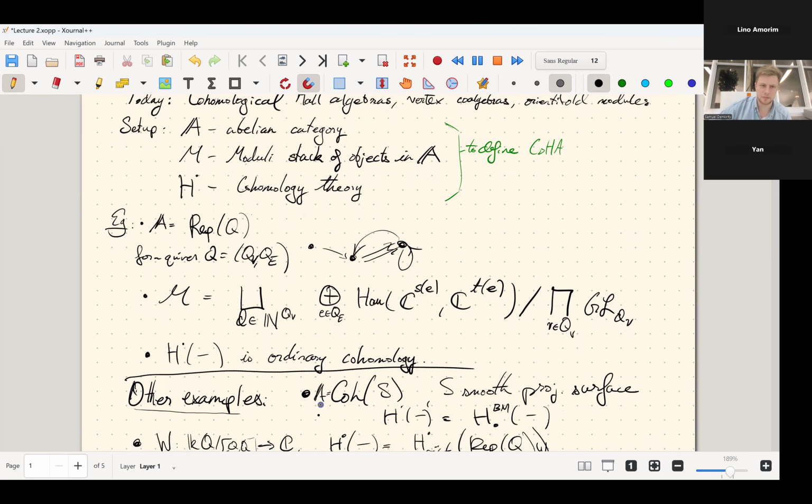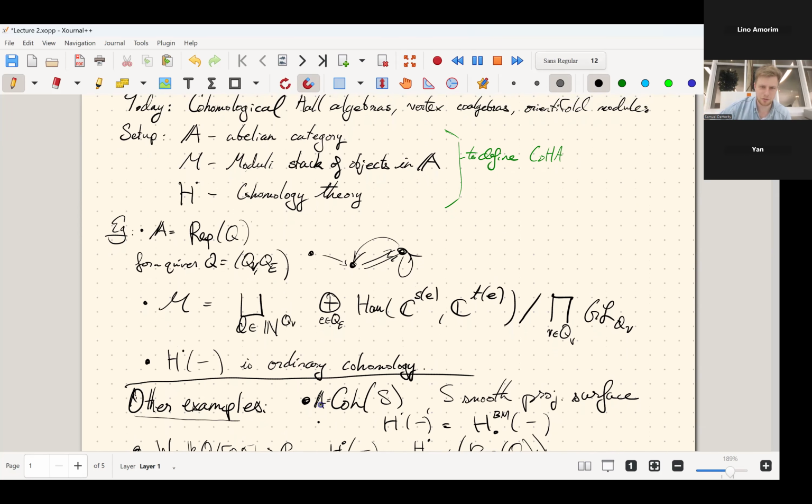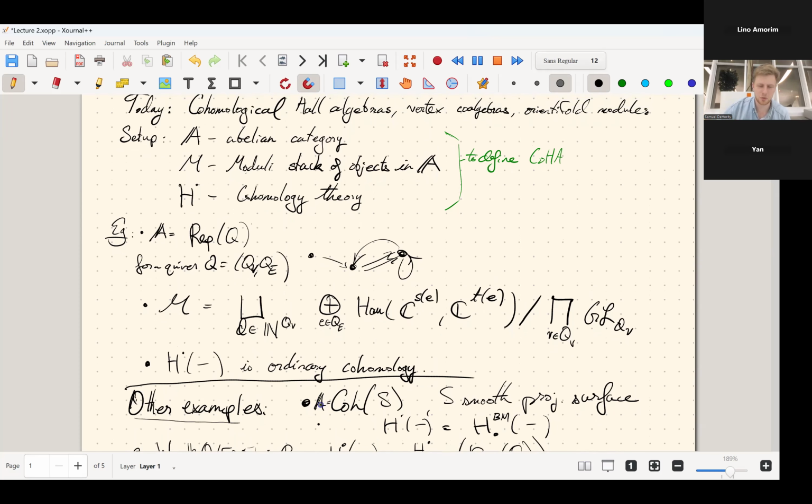And our main restriction or our main example is going to be so that we can actually just choose ordinary cohomology, and ignore some of the cohomological details. And that's the following example. So the example is when our abelian category is the category of representations of a quiver. You can also, if you want, say this is representations of an algebra, it's really the representations of the path algebra of the quiver.